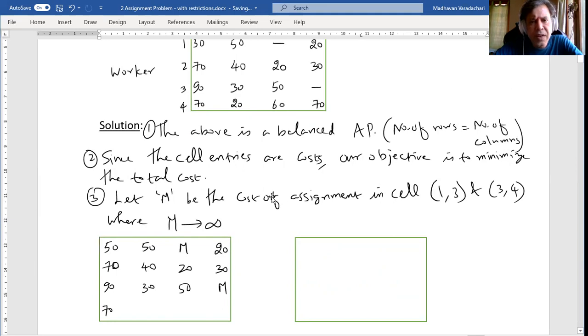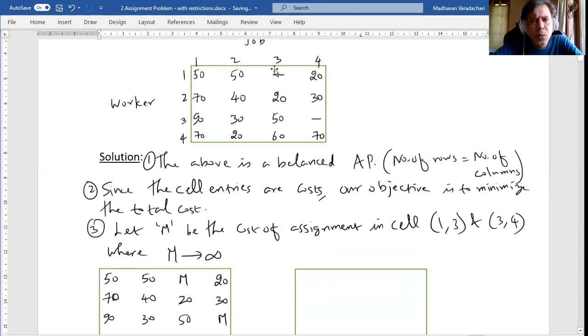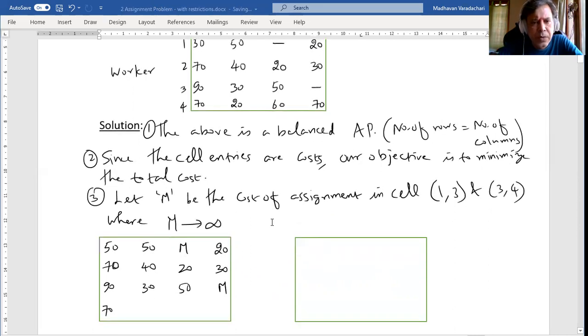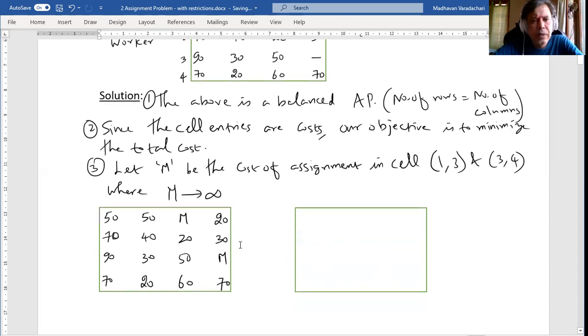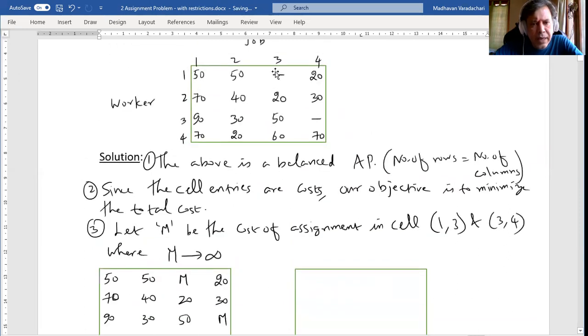Because if the cost is very, very high, for example 1 lakh or 2 lakh or 1 crore, definitely you will not do any assignment to that, because you are going to assign based on least cost only. So you will not do any assignment over there. 70, 20, 60, and 70. Now, we rewrote the same thing, except that the dash is replaced with the capital M.